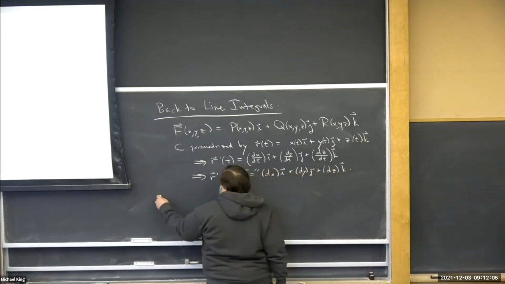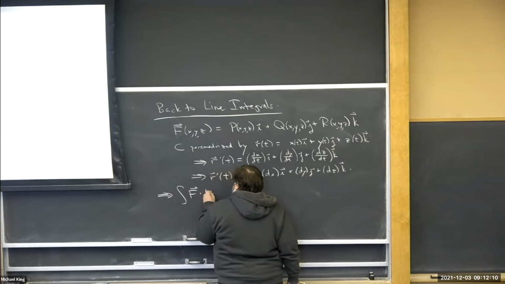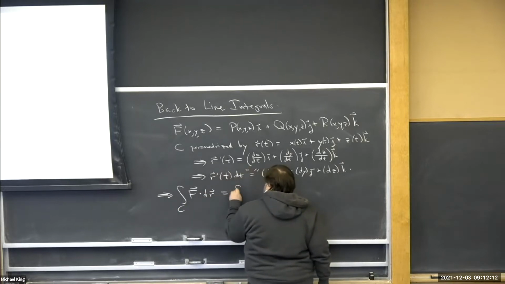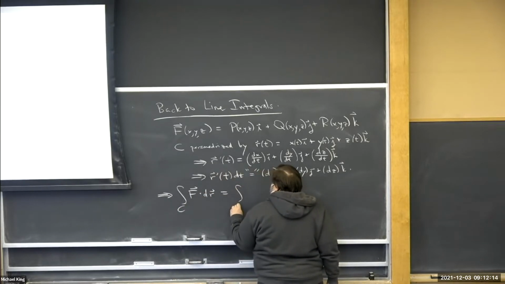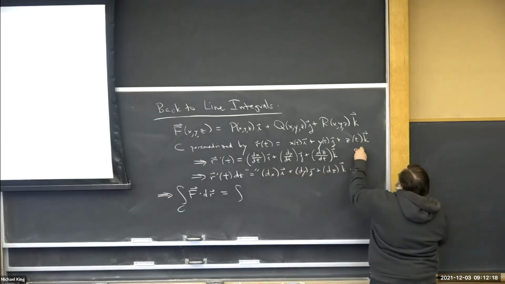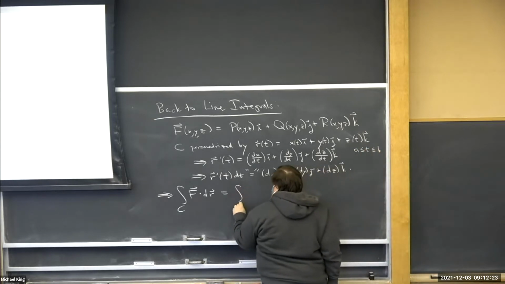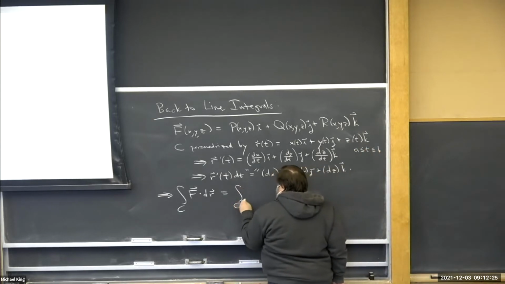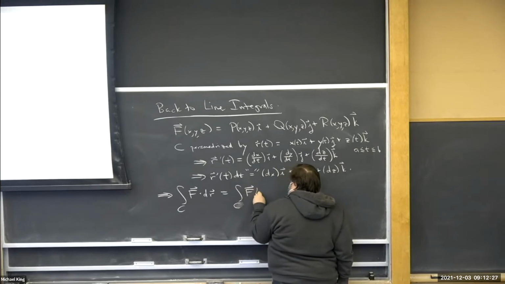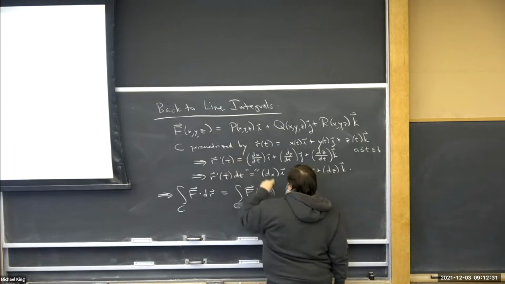But then the integral of F dot dr over C, like we said, is really the integral, where t is between a and b, or sometimes I'll just keep writing C for now. So F of r of t, we plug the curve into the function, right?